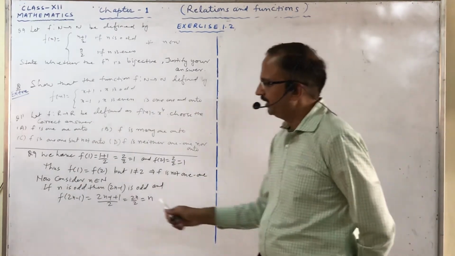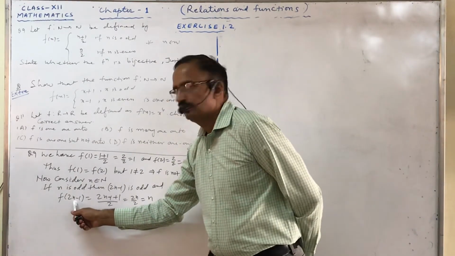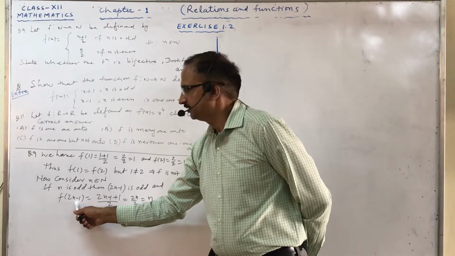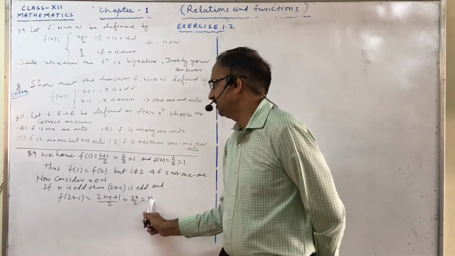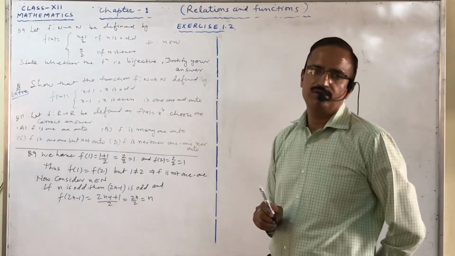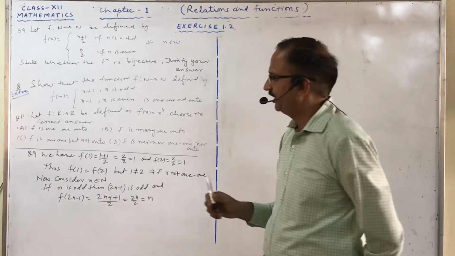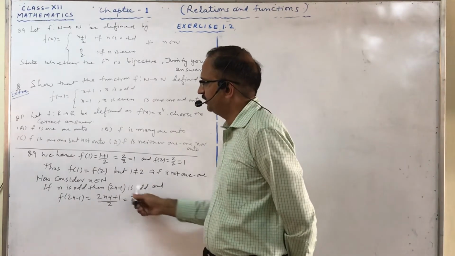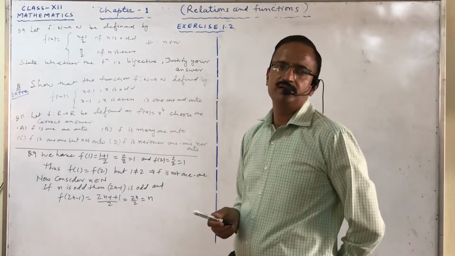It means the image of this odd number is this n. Or we can say the pre-image of n is 2n minus 1.